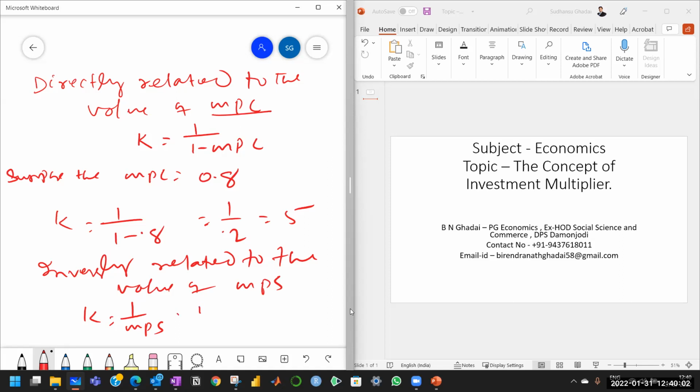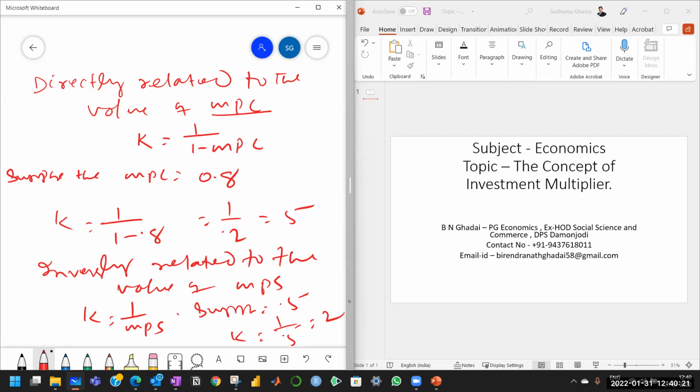Suppose MPS is 0.5, then K will be 1 by 0.5, which is equal to 2. That is the value of multiplier.